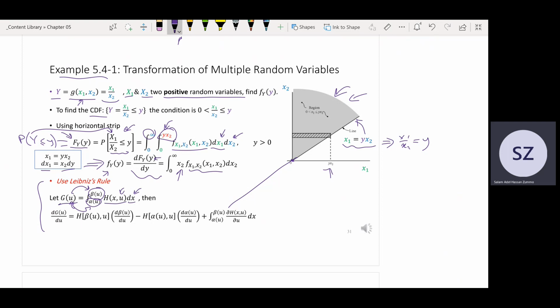The rule says that if I have a function g of u, where u comes in the limits of an integral, and this function is the integral of another function, h of x and u, dx, then to differentiate g of u with respect to u, you need to find h of beta of u and u multiplied by the derivative of the first limit with respect to u, minus the same function at alpha of u multiplied by the derivative of the second limit, plus the integral of the derivative of the function inside from alpha of u to beta of u.